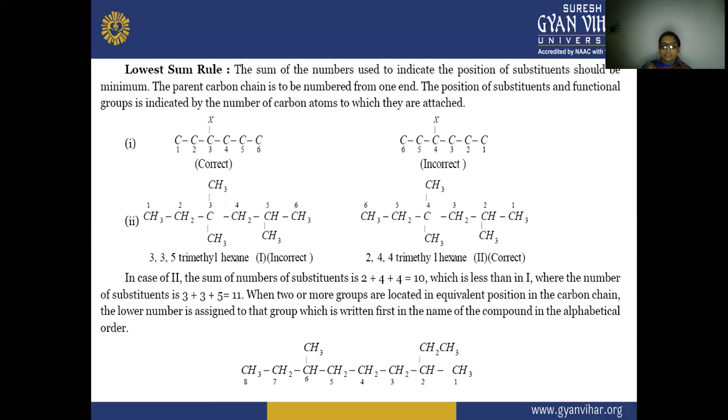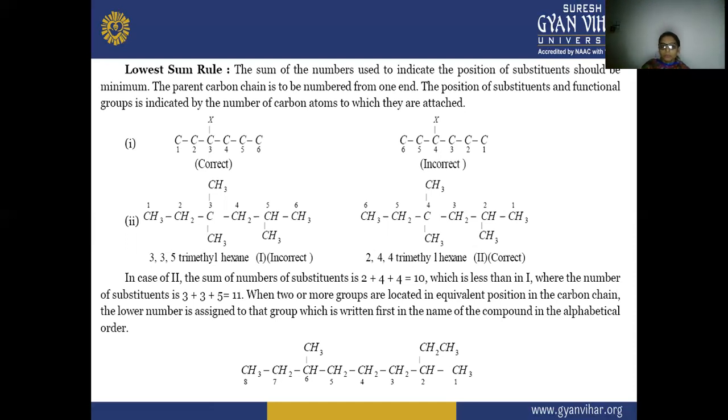As to this lowest sum rule, the sum of the numbers is used to indicate the position of the substituent, and the position of the substituent should be the lowest or the minimum.